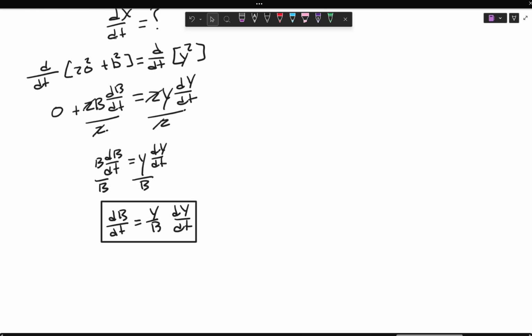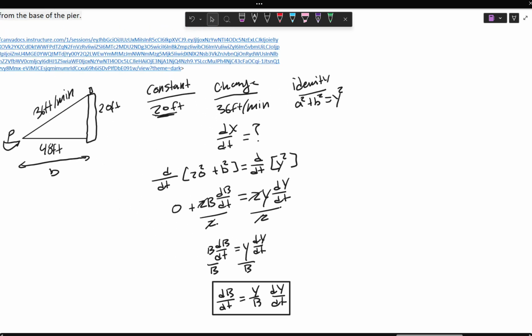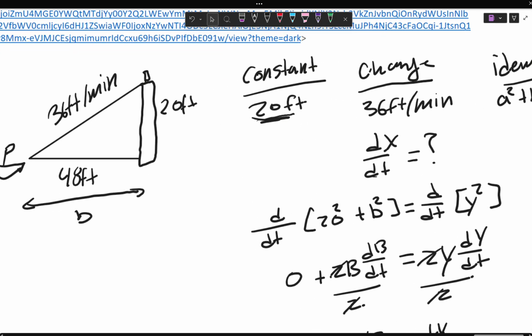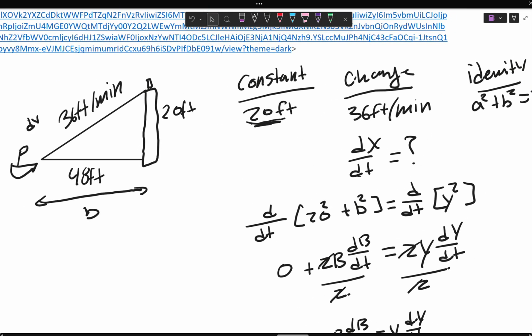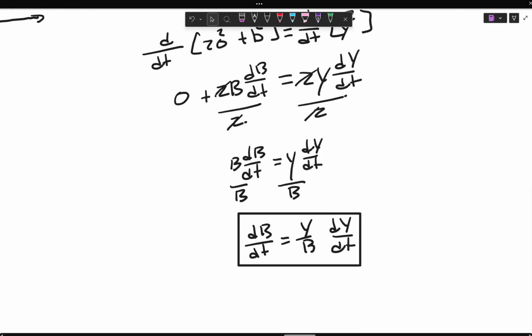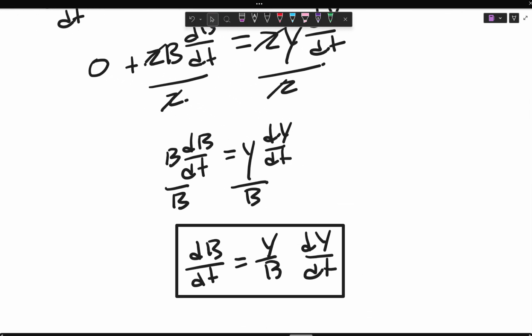So from here, I have dy over dt, because this is my rate of change right here. However, I don't know what y is. y is something we need to know.